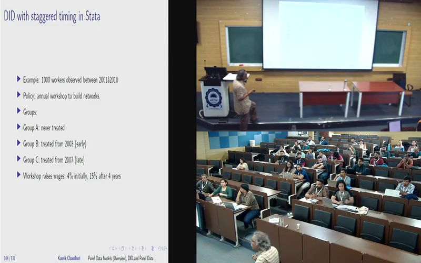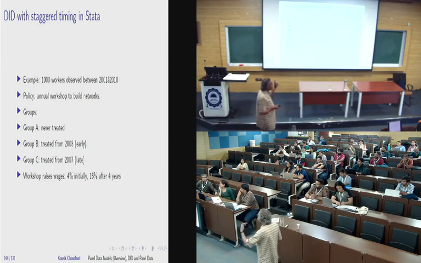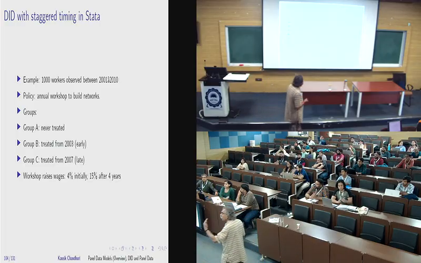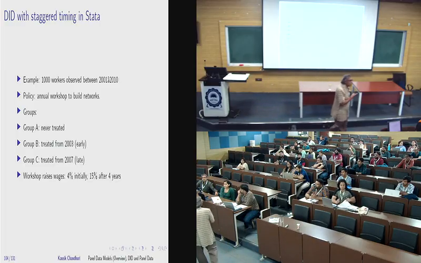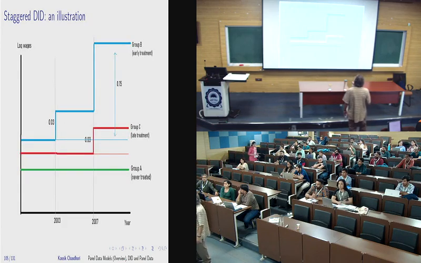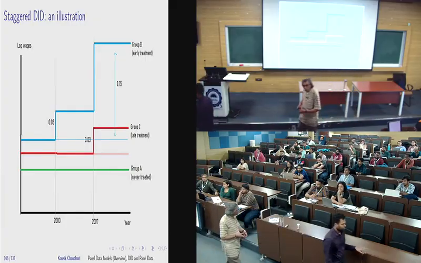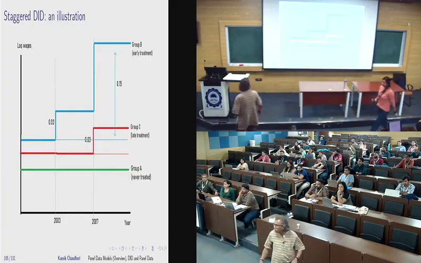The workshop raises wages 4% initially, and 15% after 4 years. Initially 4% means 2003, and then 2007, which is a gap of 4 years. Right? Clear? Fine. Given this, I want to think of an illustration. Okay? I think it's a nice graph, and thanks to Leela.